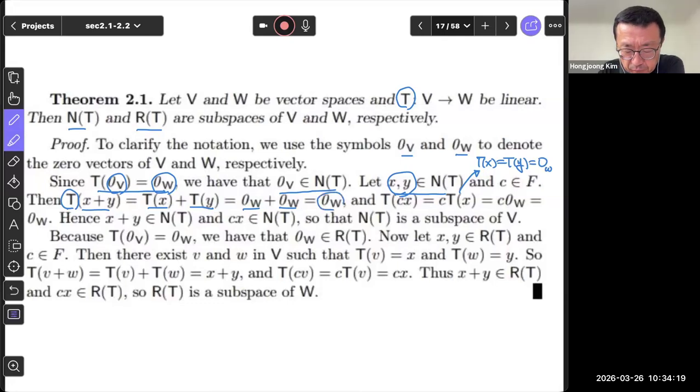So we have T of x plus y equals 0. That means x plus y is also in the null space.